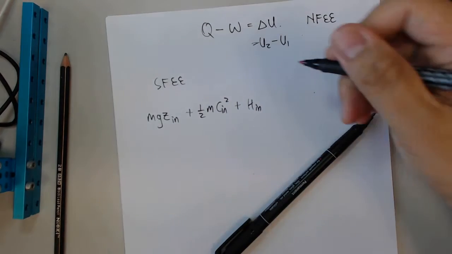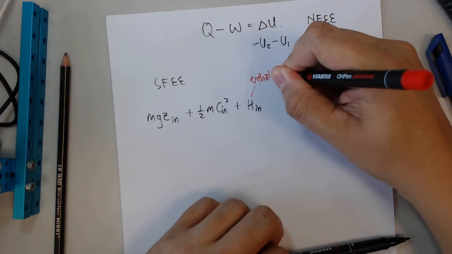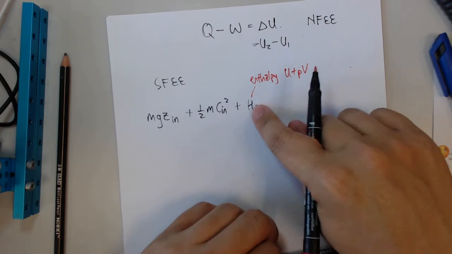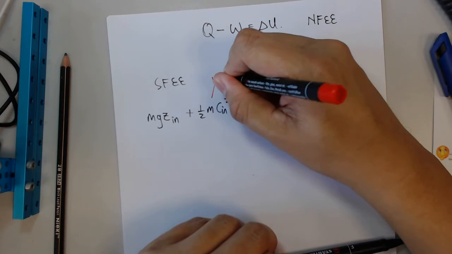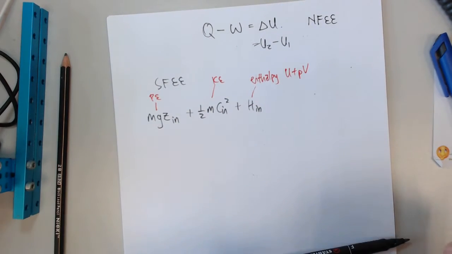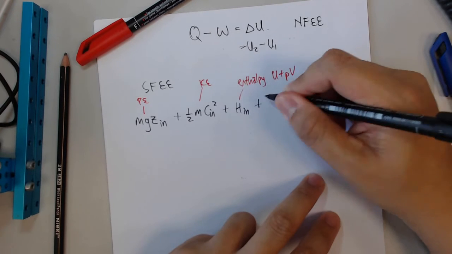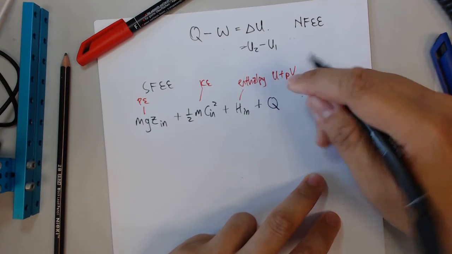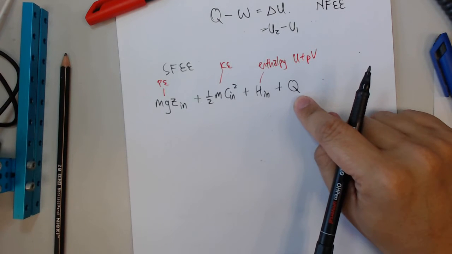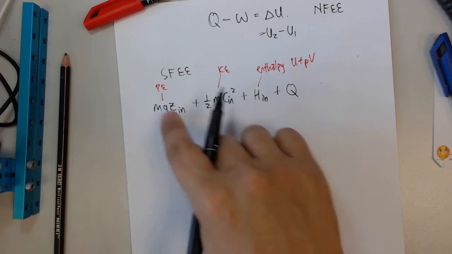Note that the enthalpy is U plus pressure times volume. This is KE, this is PE. And we have the heat into the system, the heat supply or heat transfer through the system, and this equals, so this is the inlet.